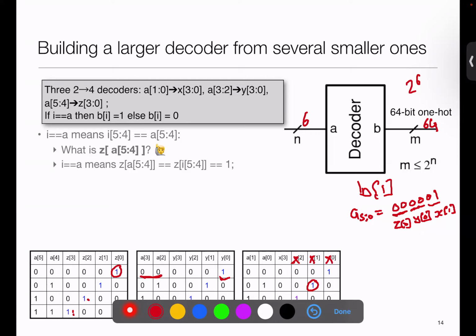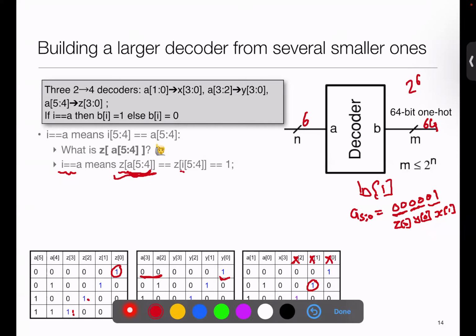So I can basically say that I equal to A means that, there is funny notation out here, right? So Z has 4 possible indices, 0, 1, 2, 3. And basically, A5, A4, those 2 bits tell us which Z we care about. So if A5, A4 is 0, 0, then I, which is the value of A, is just equal to A, right?